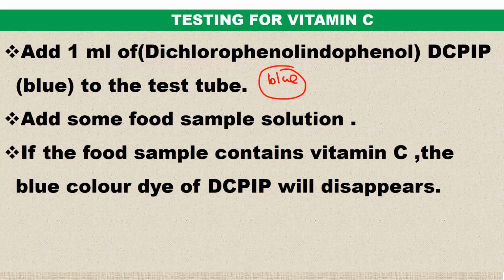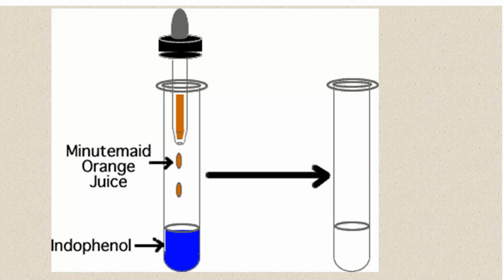If the food sample contains vitamins, the blue dye of DCPIP will disappear. So you have the sample here, which is Minute Maid orange juice, and then we have the DCPIP, which is blue in color.